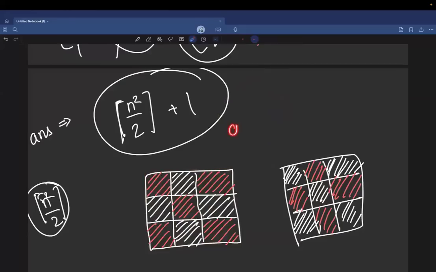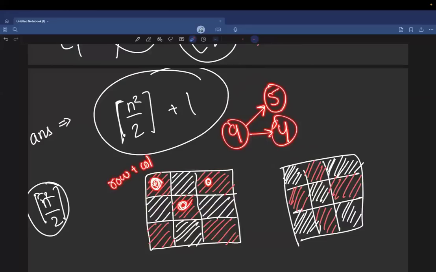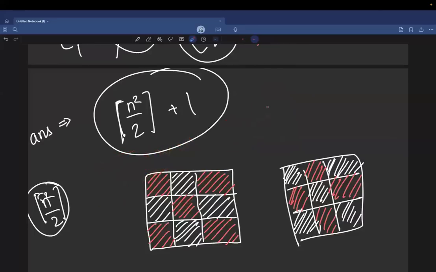That if you had, let's say, 9 cells, then 5 of them would be similar to each other and 4 of them would be similar in parity. These are having the same parity for row plus column mod 2. This is also one common observation.